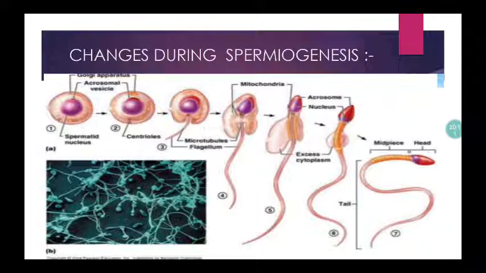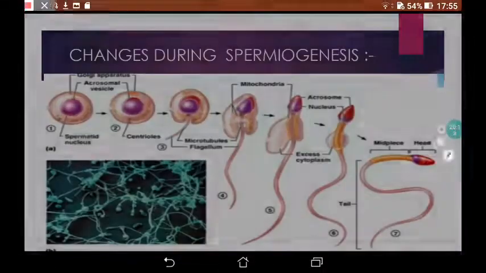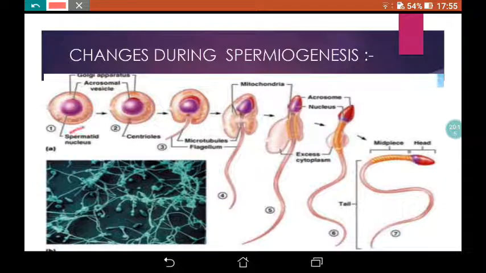Just look at the first diagram, where you find that this is a spermatid, which is a spherical structure, and this is the matured one, where you find the presence of head, middle piece, and tail. So how has this modification occurred? There is a great role of the Golgi body.